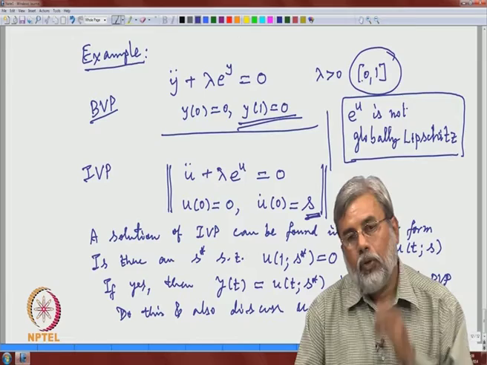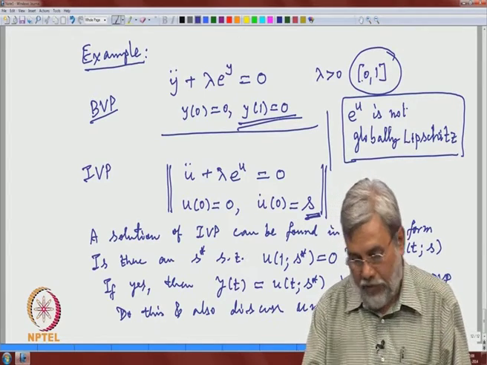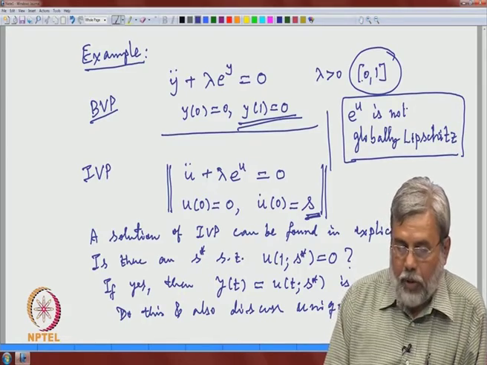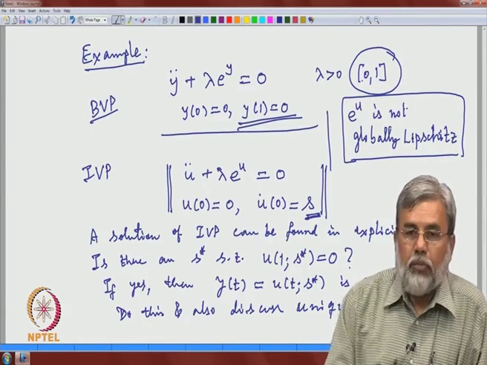You can now refer to the literature and see more general problems involving boundary values. With that brief discussion on boundary value problems for second order equations, we come to the end of this course on ordinary differential equations.